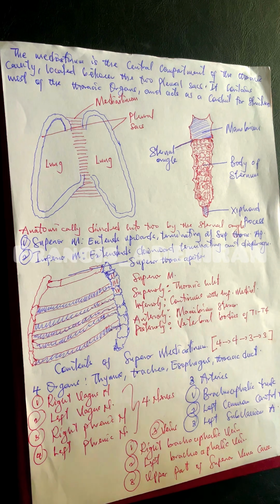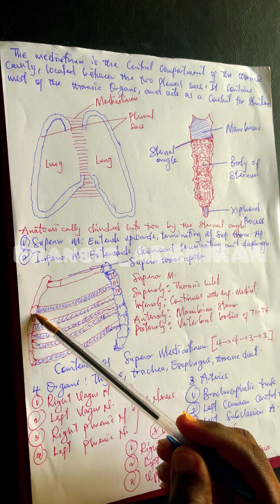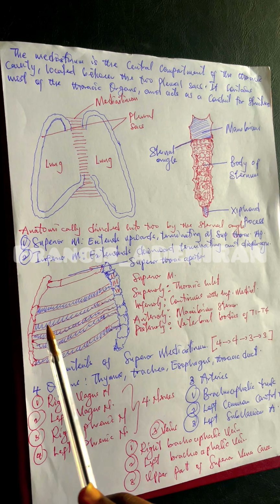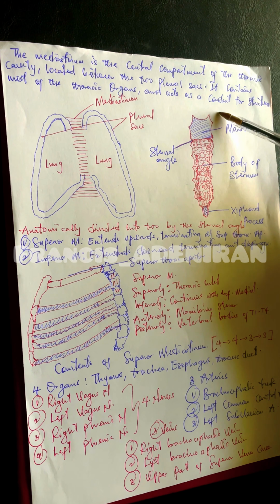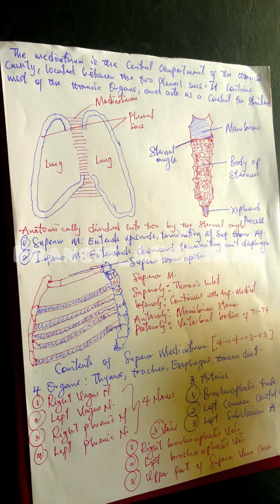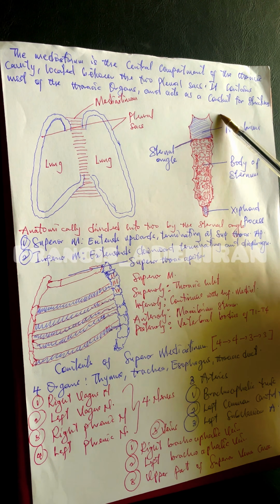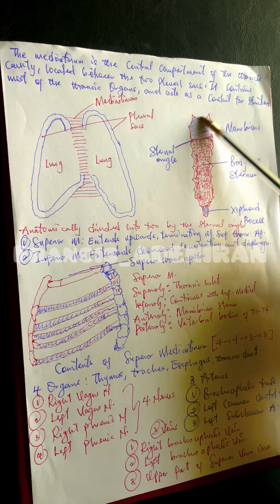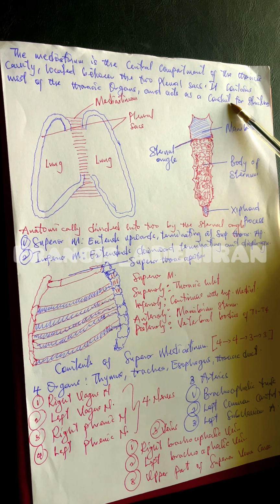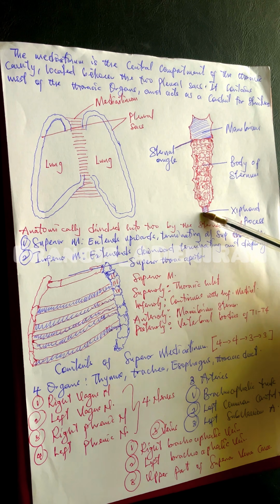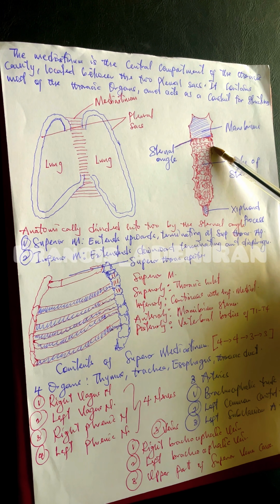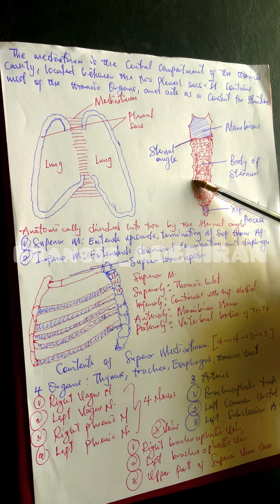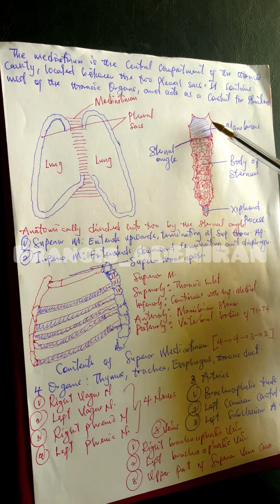So once again, if this is the manubrium, we are saying that everything posterior to it is the superior mediastinum. Don't forget that we are placing this in front of this. Then all the structures posterior to this aspect are the inferior mediastinum. For this class, we're only focusing on the superior.